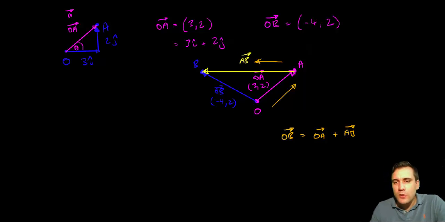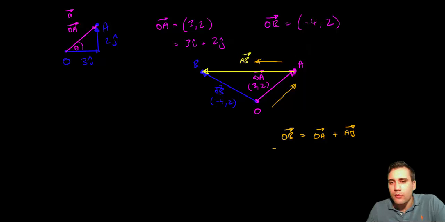right? And then we just treat this as basic algebra, where you've got these three variables. So if I rearrange it for AB, all I'm doing is taking OA away from both sides.